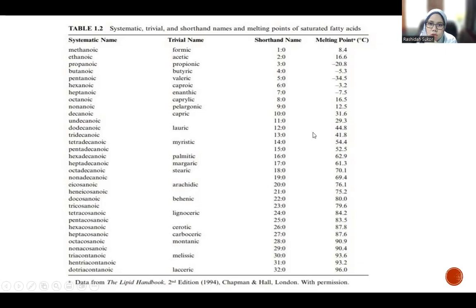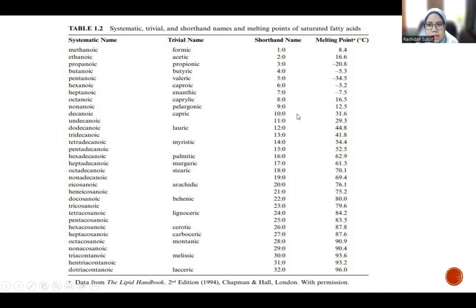This is information. As the C number is higher, the melting point is also higher. So look at which is at room temperature. Room temperature in Malaysia is about 30, 28 to 30.